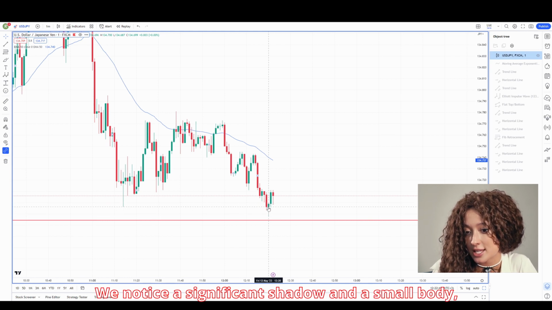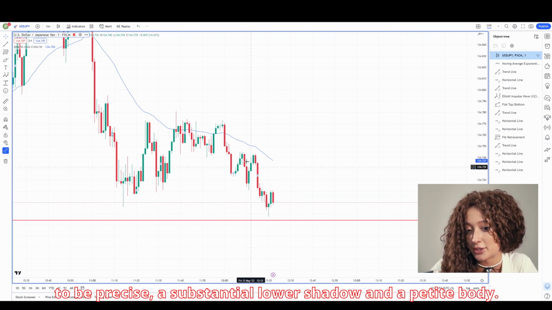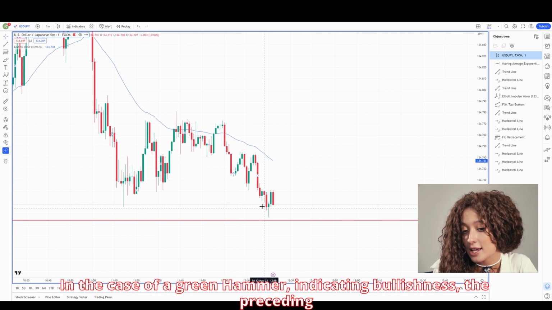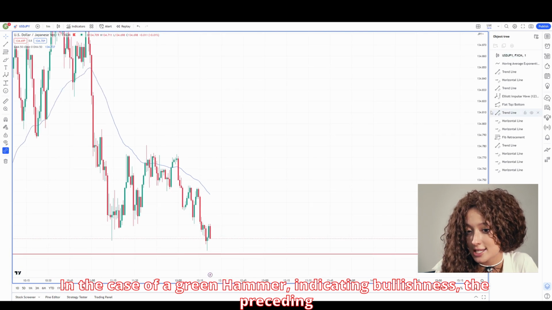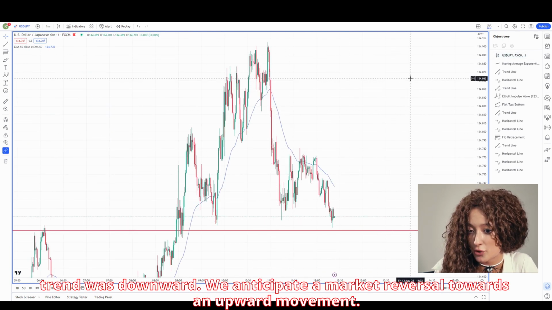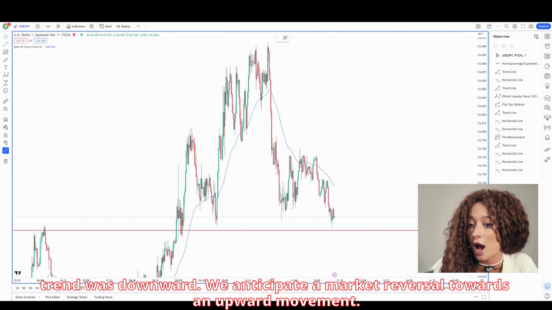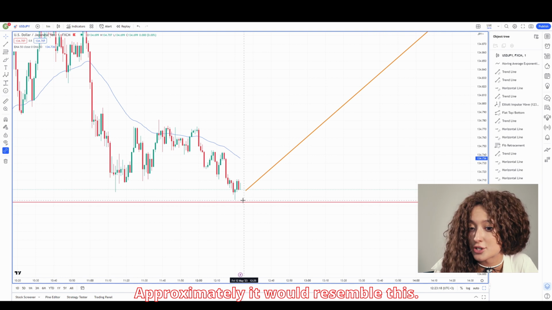We notice a significant lower shadow and a small body. In the case of a green hammer, indicating bullishness, the preceding trend was downward. We anticipate a market reversal towards an upward movement. Approximately, it would resemble this.